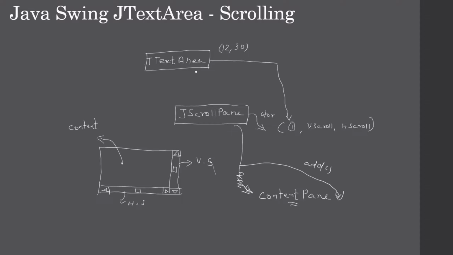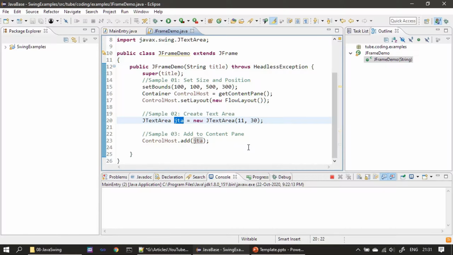Now let's go to the demo and see how the content pane is resolving the text area. It is growing, right, when the number of columns or rows exceeds. So now we will stop that using the JScrollPane.